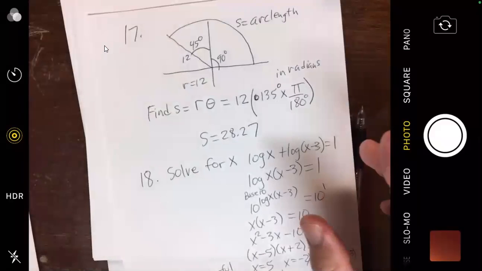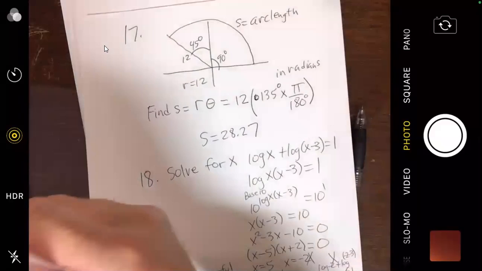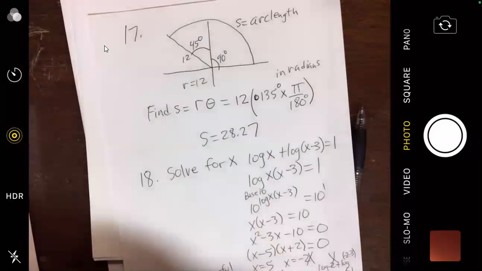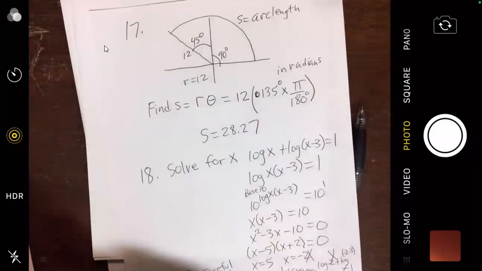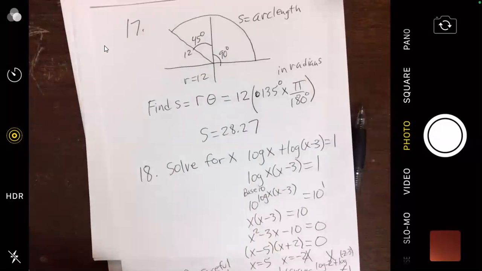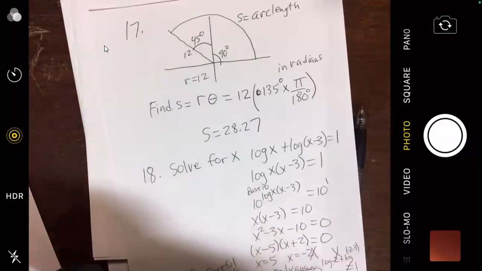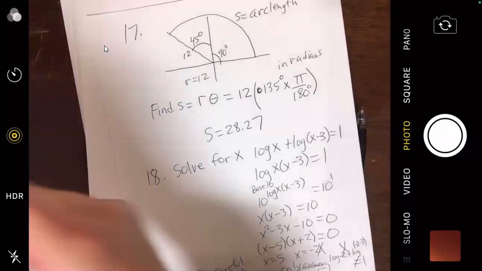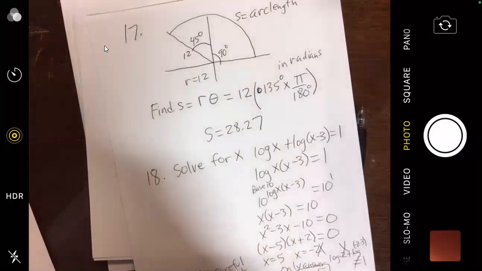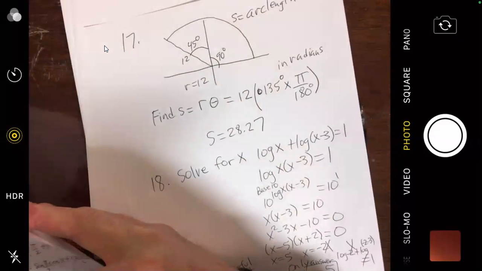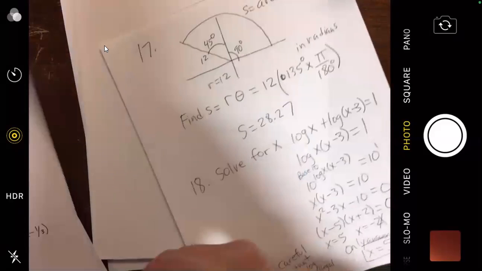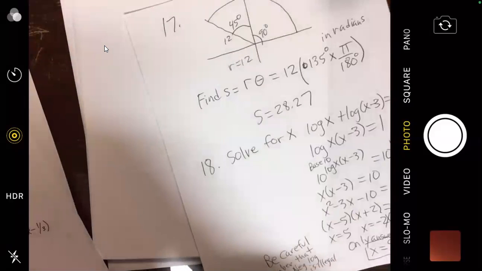Let's see. Here, I guess. Chapter 17, 18, 15, 16, 14, 12.